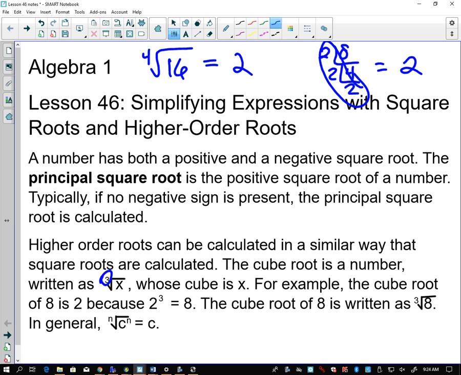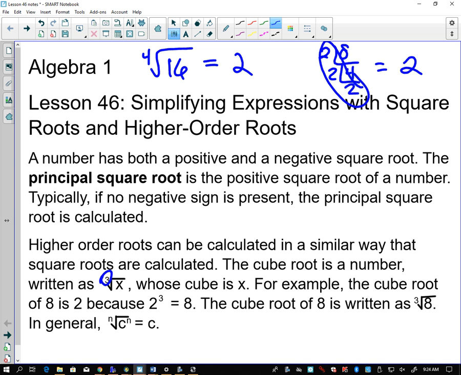In general, when I have the nth root of something to the nth power, those n's cancel each other out, and we get just that number that's inside, or letter, or whatever. Because essentially what we're doing is taking that exponent and dividing it by the root number. So n divided by n is 1, which brings out my variable c as just c to the first.